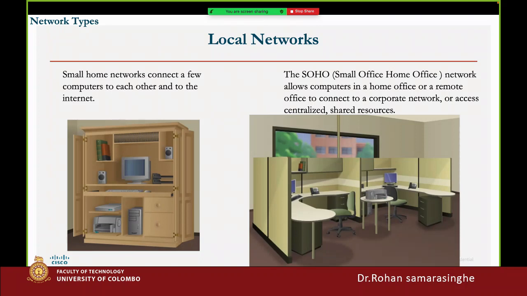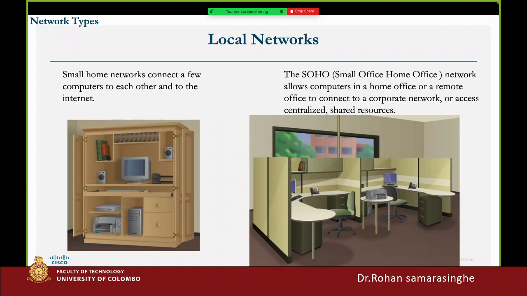Another example is the SOHO network. That means small office, home office. A small office, home office network allows the computers in a home office or a remote office to connect to a corporate network or access centralized shared resources.